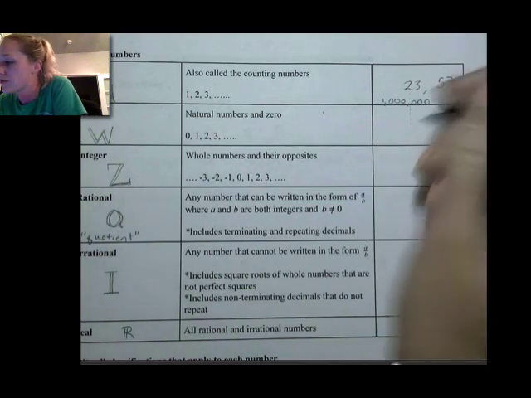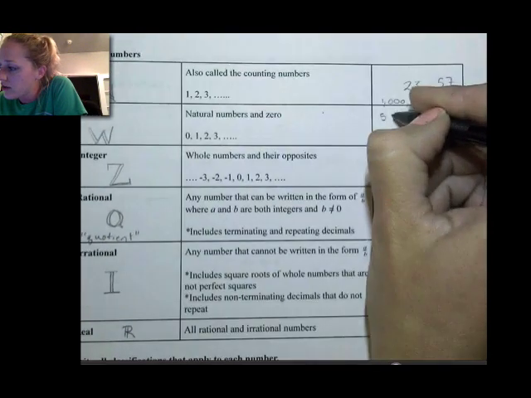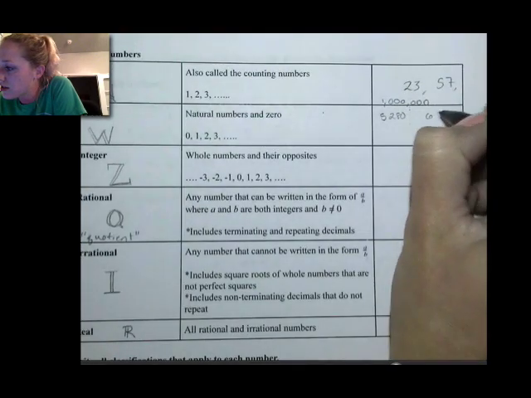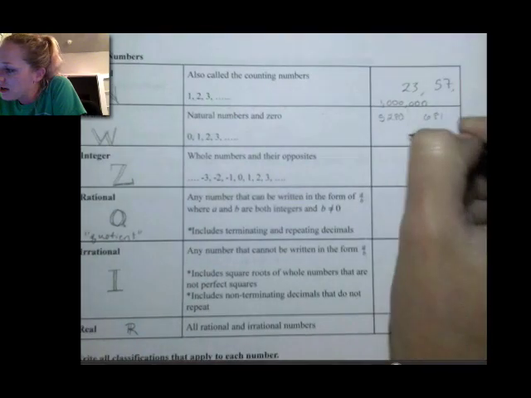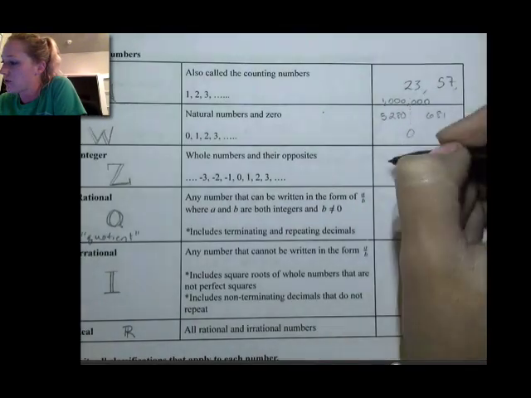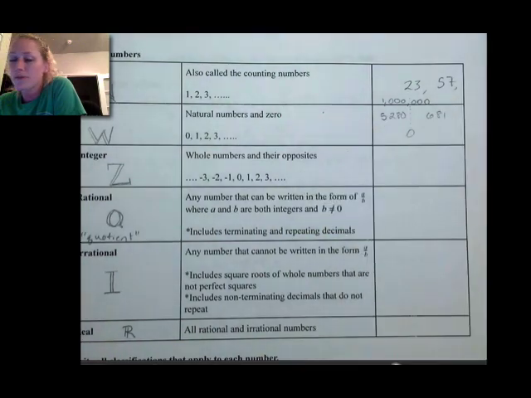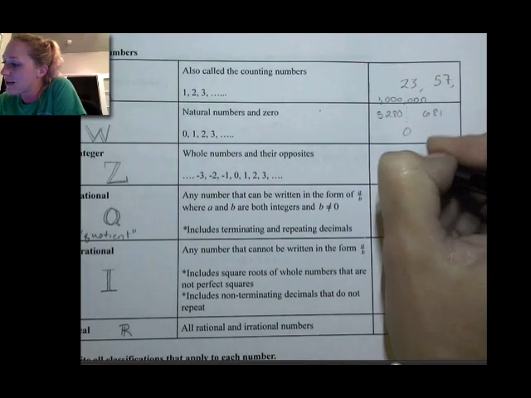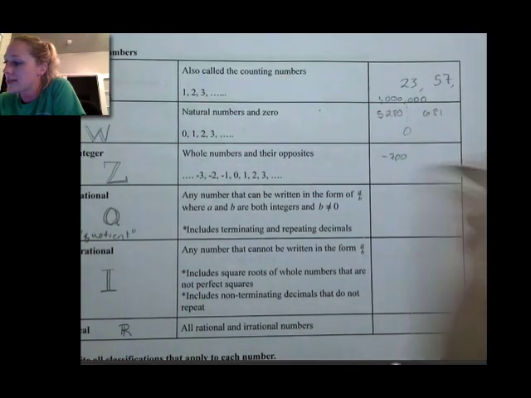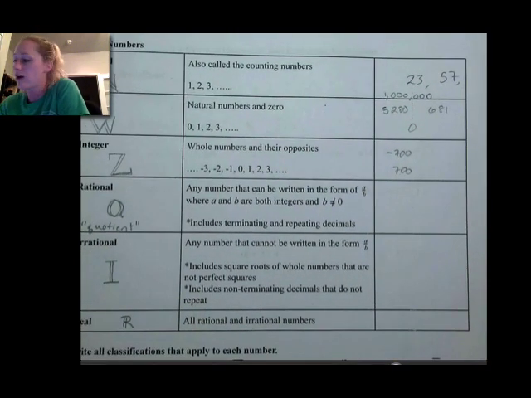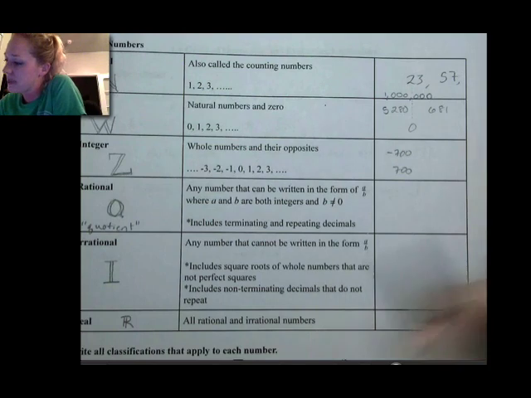So any other examples you want to include? 5,280, 681, 0. I'm going to put 0 again because that one's kind of a big deal in the whole numbers. Okay, integers are whole numbers and their opposites. So whole numbers, but this could also include negatives. So let's do like negative 700, positive 700. Okay, so any whole numbers and their opposite, 0 also fits in this one.